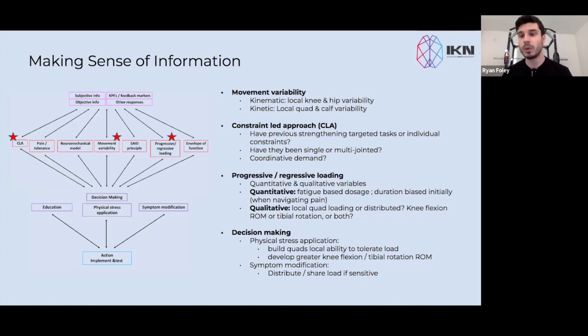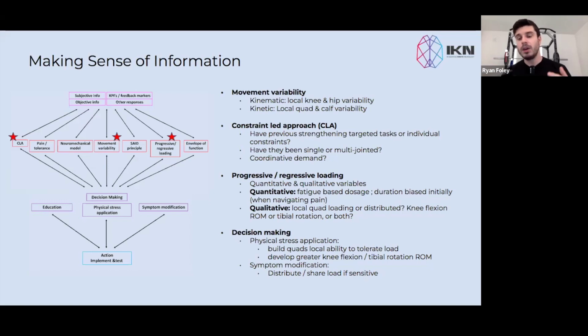But because the individual is experiencing pain during activities that load the quadricep, what do I do? I may need to distribute load between the quadricep and a neighboring tissue, maybe the glutes for example, early on, but still with the intention of loading the quadricep, sharing that workload, that internal force production between the quads and something else. So we're not constraining that demand on the quads early on.